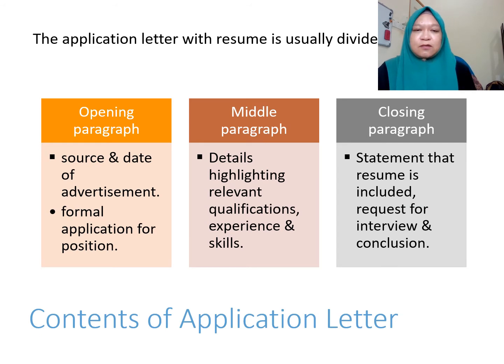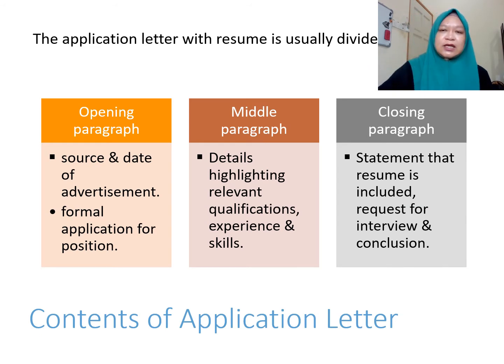For the application letter, the content can usually be divided into three parts. The opening paragraph contains the source and date of the advertisement. Usually you write the letter because you came across a job advertisement and you want to apply for the position, so you have to mention where you found the advertisement and also the date.